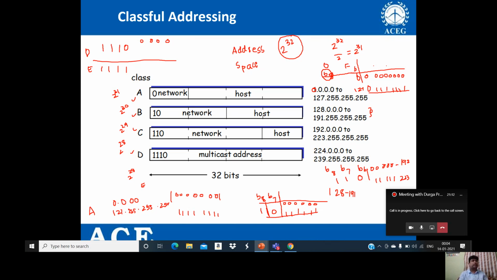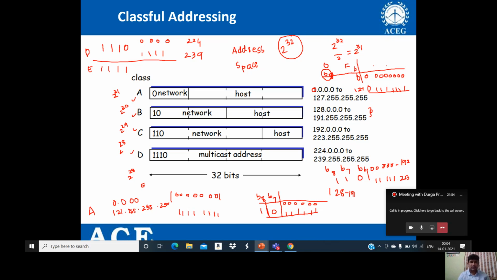Remember, I am talking about the first byte of the IP address. So the range for class D starts at 11100000, which is 224, and goes up to 11101111, which is 239. So the class D range is from 224.0.0.0 to 239.255.255.255.